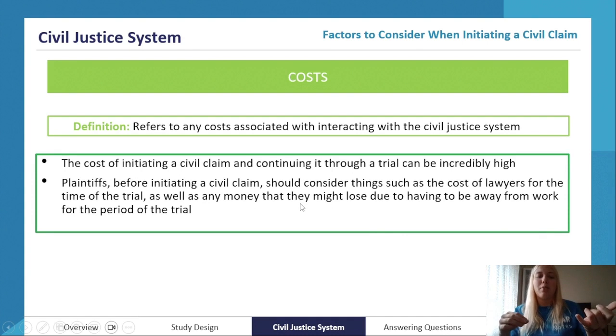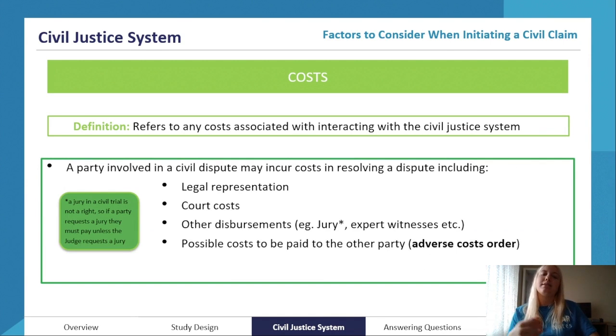Any money that you might lose due to having to travel for trial and having to be away from work for the period of the trial as well. Very, very expensive. Courts will also have daily hearing fees, and the higher the court is within the court hierarchy, the higher the daily hearing fees for your trial will be. Okay?